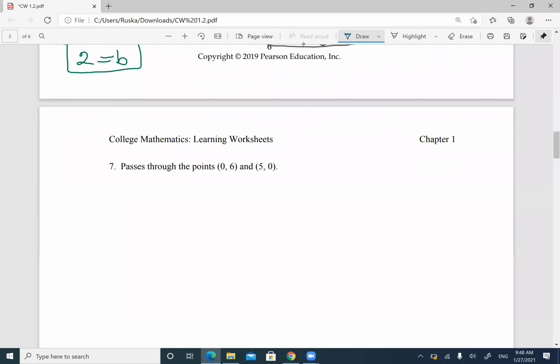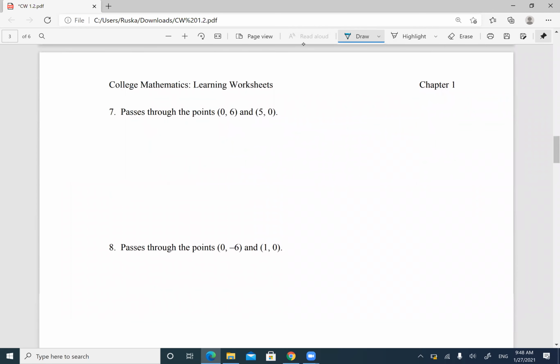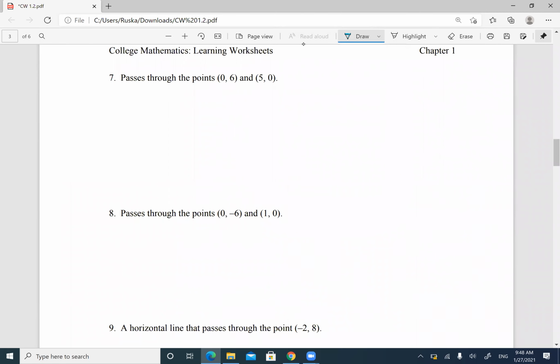Next one is number 7 and number 8. We have one more page and then you'll stop the video here. Number 7, they want me to find the equation of a line which passes through the points 0, 6 and 5, 0. So here you do the same thing.